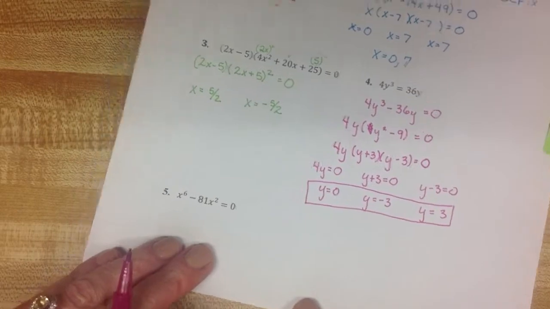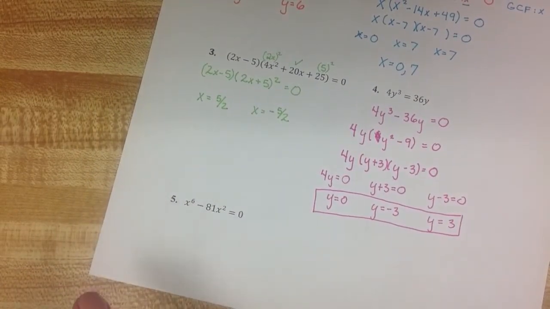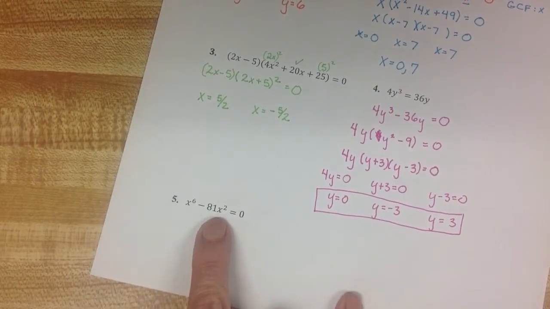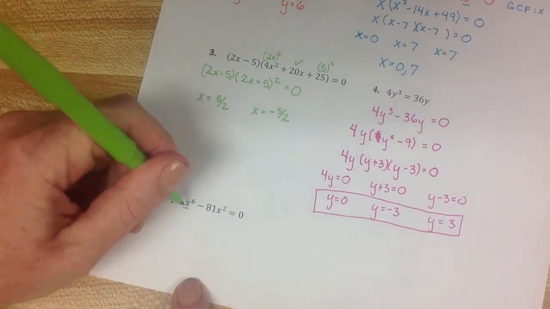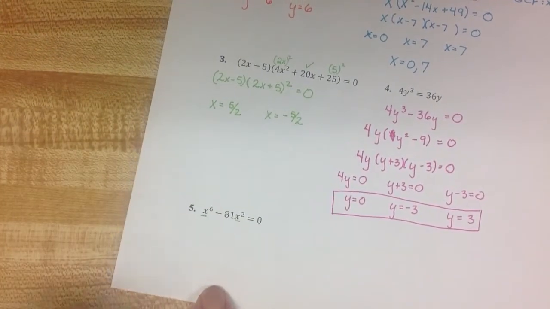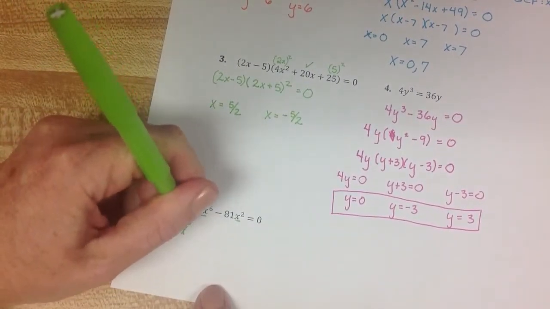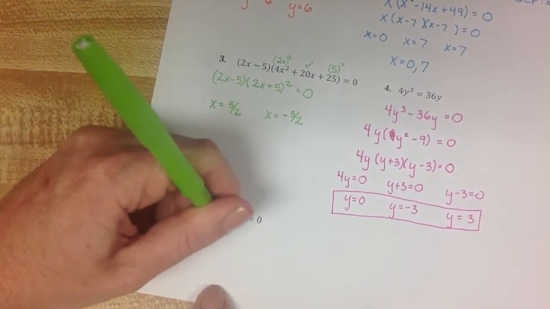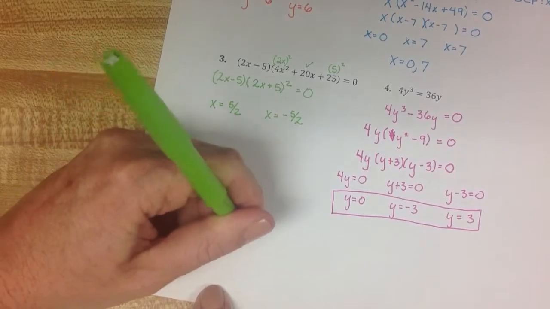In the final example, we're looking at x to the 6th minus 81 x squared equals 0. Both of these have an x squared in common that I can take out. When I take out x squared, I'm left with x to the 4th minus 81.